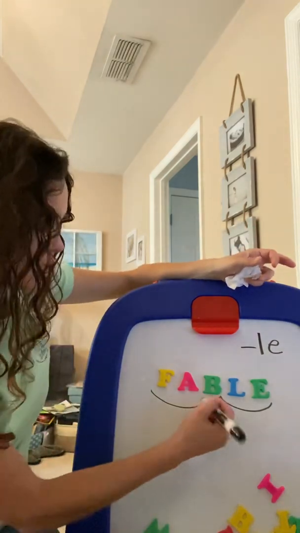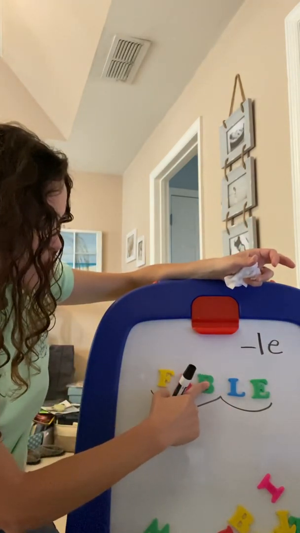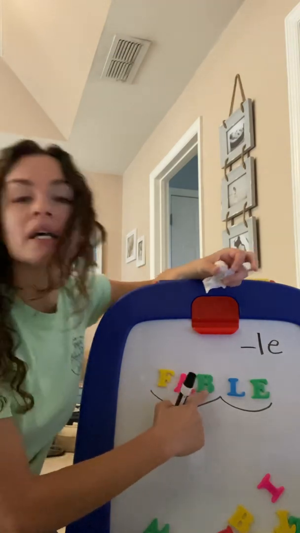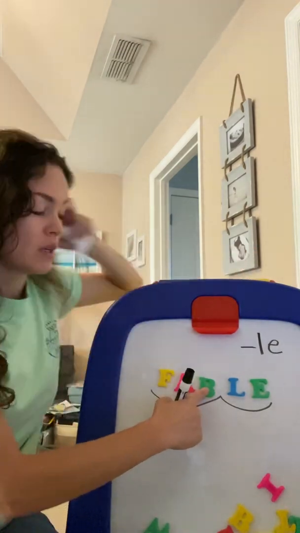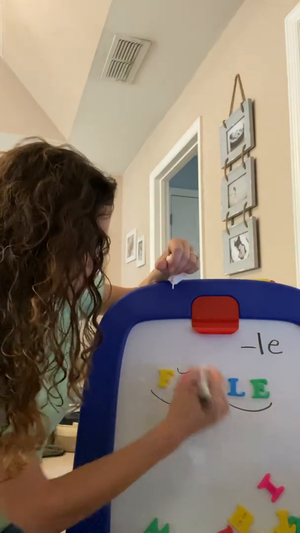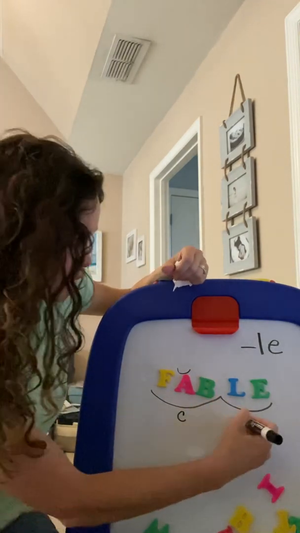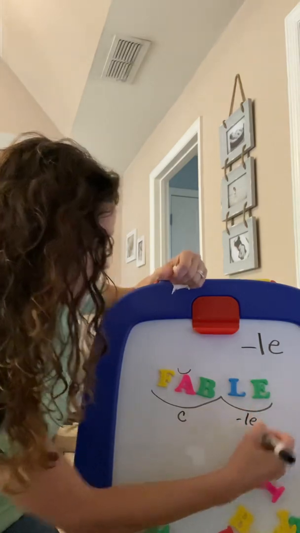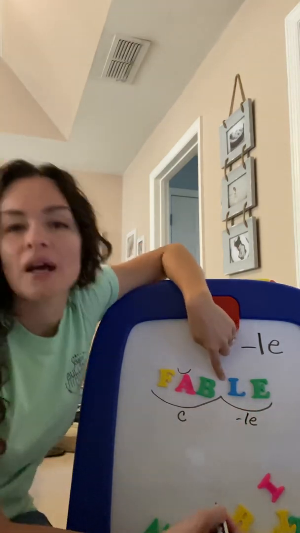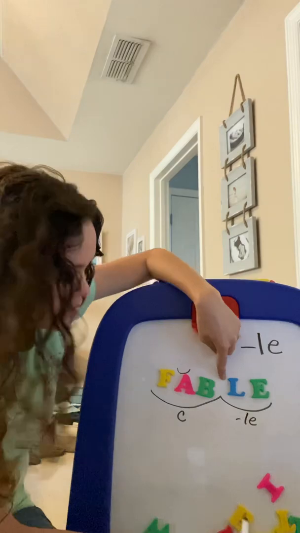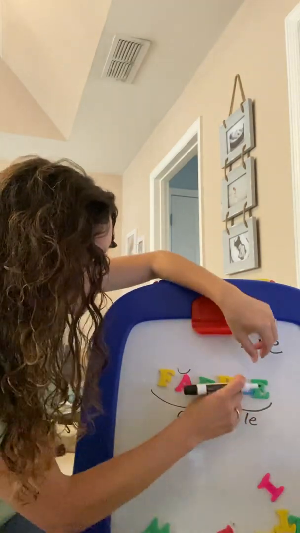Okay, what I just did, if I keep this B with this A, then I know this B is doing a job. It's making this vowel sound short. It's closing it in. And now, this should be a consonant L-E, but I don't have a consonant there. Oh, well, maybe I should just add that in there.